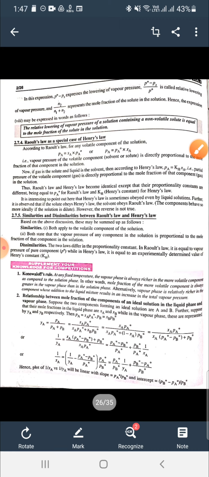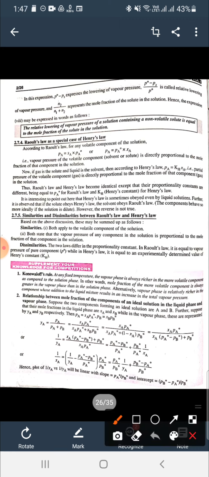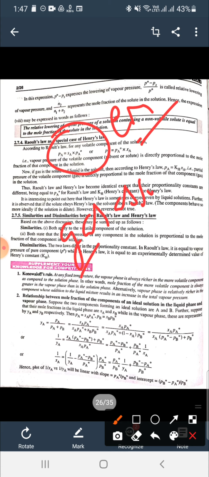Here we use pressure in the pure state, and in Henry's law we use Henry's constant. In Raoult's law we use a liquid as a solute, and in Henry's law we use a gas as a solute.